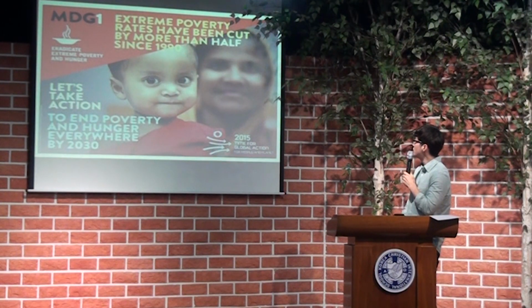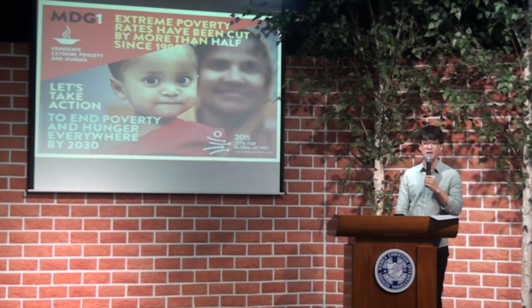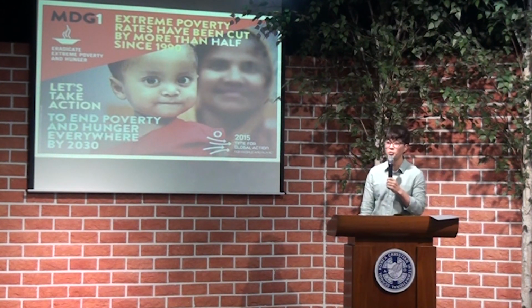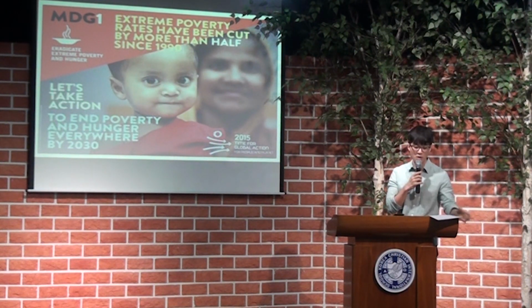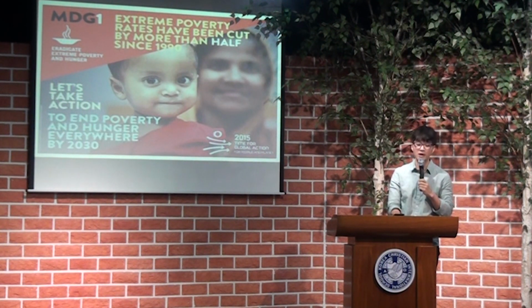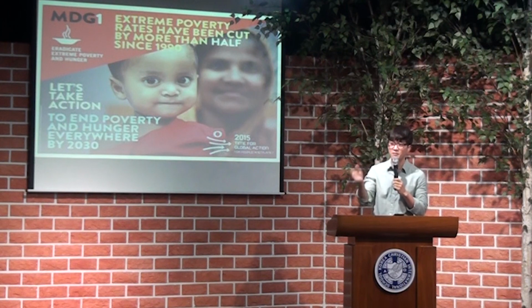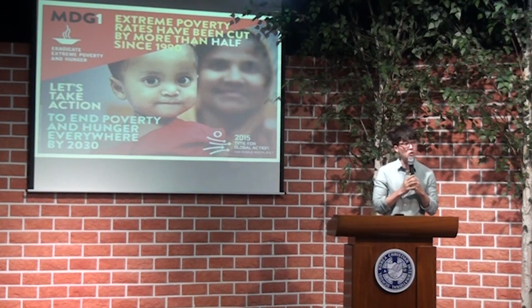So extreme poverty rates have been cut since 1990. However, global hunger is on the rise, and our group especially, we must come up with an idea that we can implement to reduce global hunger. And like I told you before, just giving them food will not cure this epidemic.